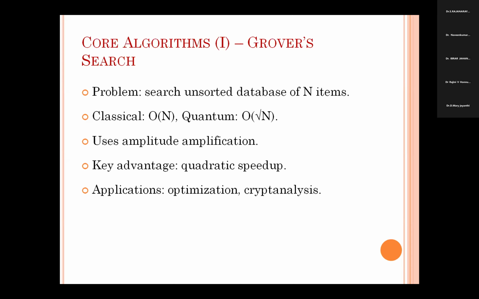Within n items, we have to find the accurate value. Grover's algorithm is a quantum search algorithm, compared against classical search.